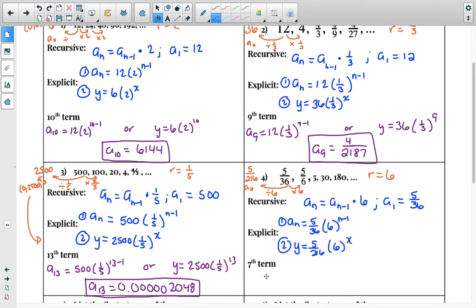So to find the seventh term, we'll do a sub 7 equals 5 over 36 times 6 raised to the 7 minus 1, or y equals 5 over 216 times 6 raised to the 7th. Both of these will give you a sub 7, the seventh term, being 6,480.